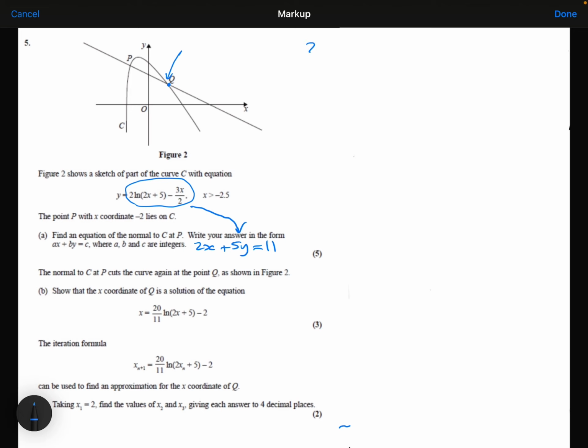So I'll get 2x plus 5 lots of the 2 ln(2x plus 5) minus 3x over 2 equals 11. Expanding these brackets out, 5 lots of the 2 ln, so that's going to be 10 ln(2x plus 5). Now I've got the 5 times 3x over 2 is 15x over 2.